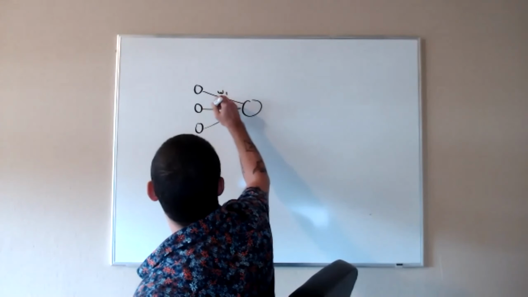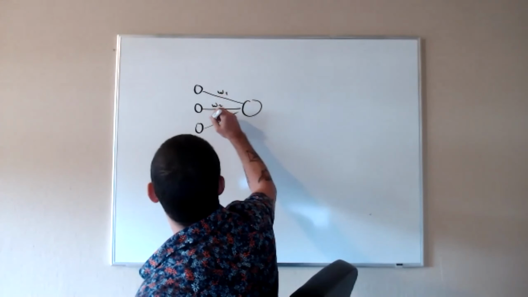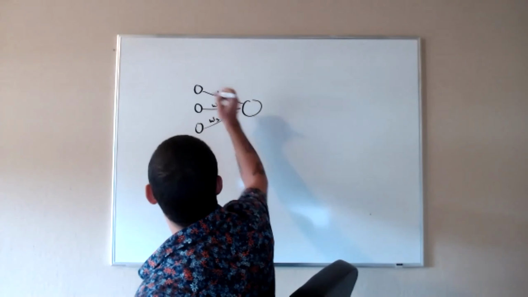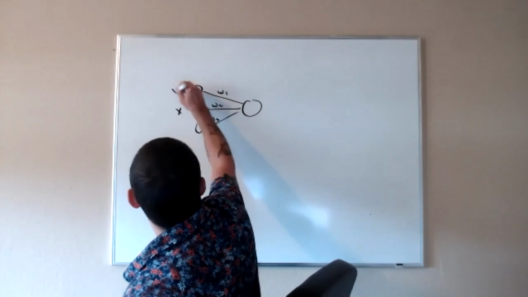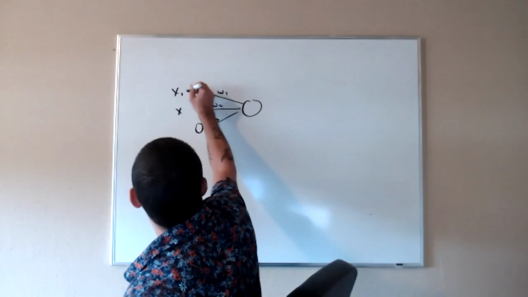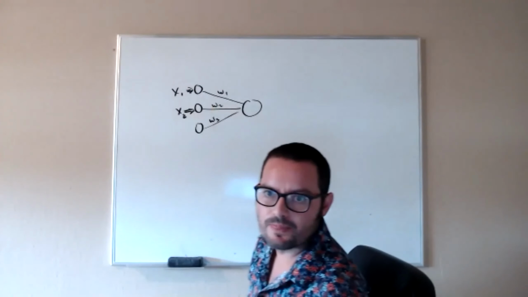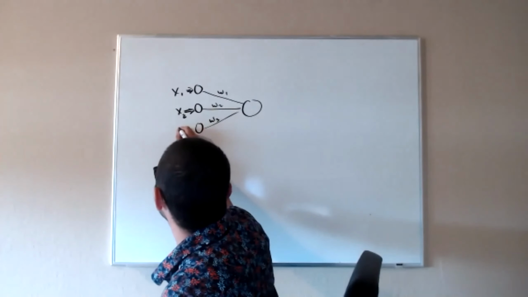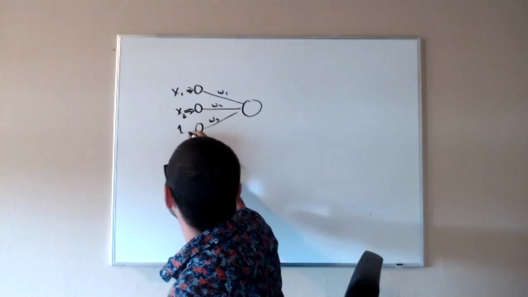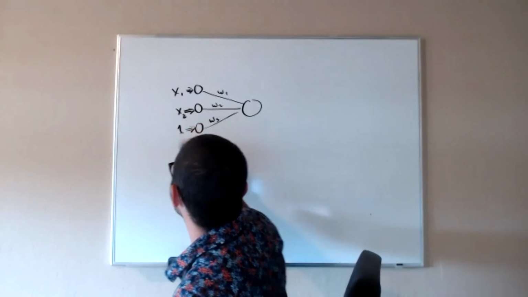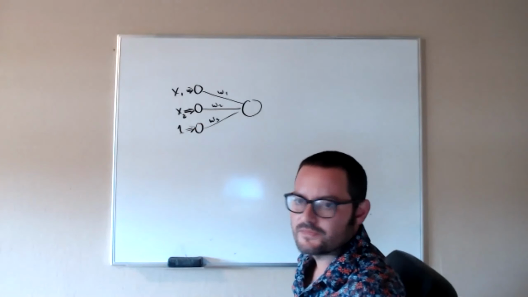So weight 1, weight 2, weight 3. Feature 1 goes there. Feature 2 goes there. And then the number 1, which is for the bias, goes there.